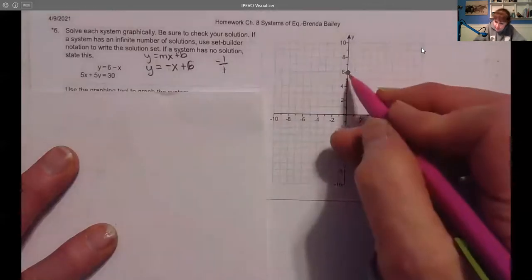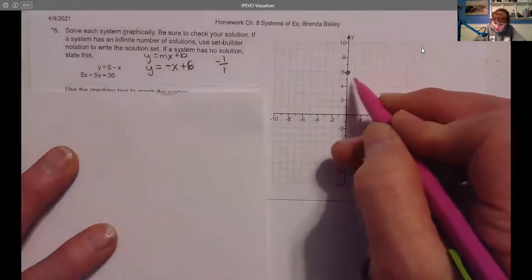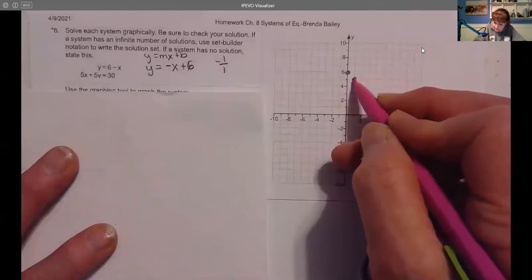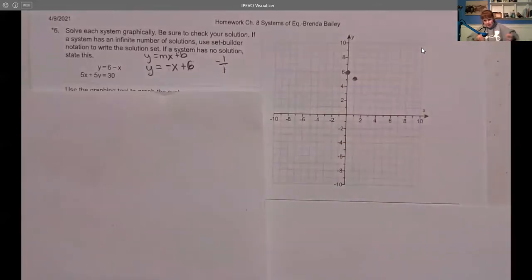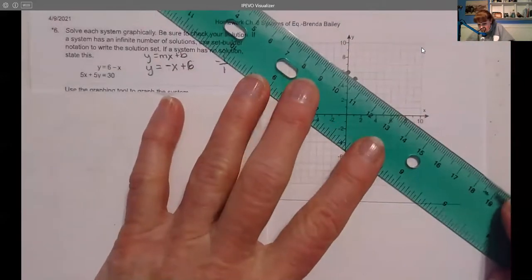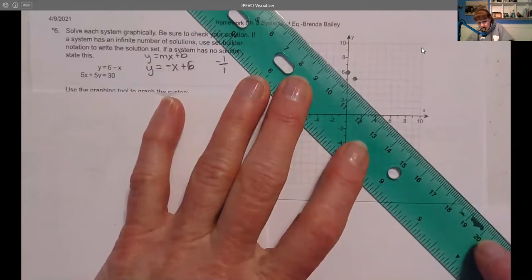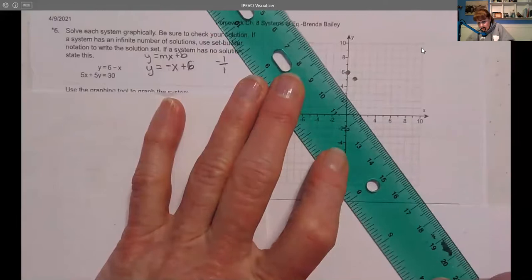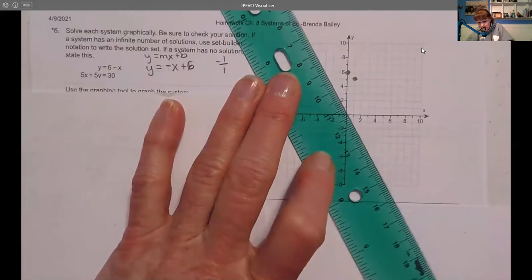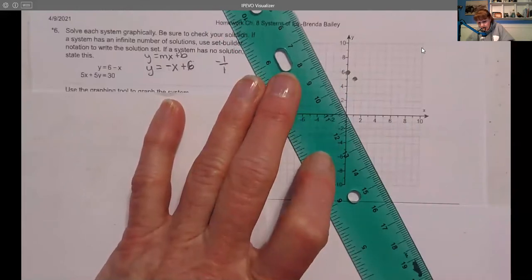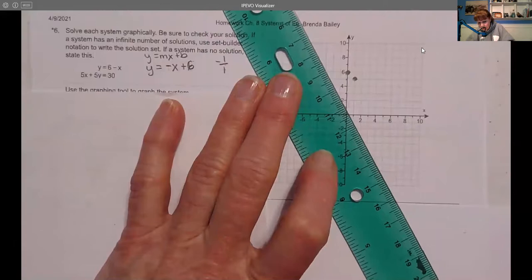So we'll go down 1 because it's negative, and to the right 1, and connect up our dots. Down 1 over 1. Each line is 1.